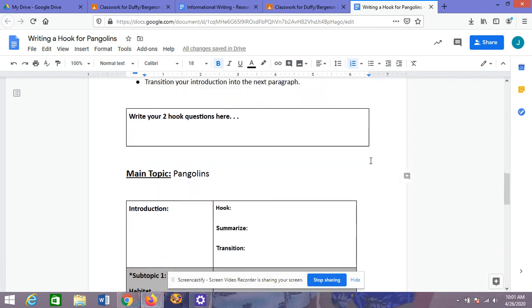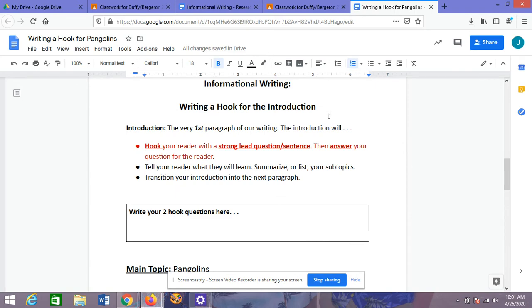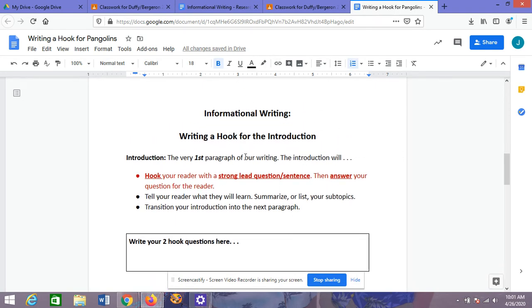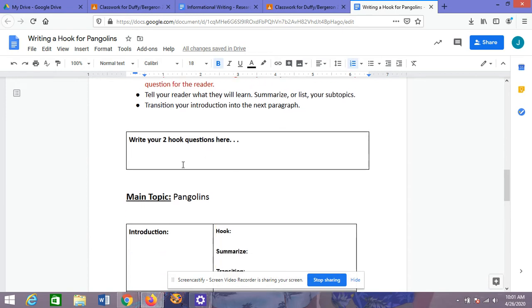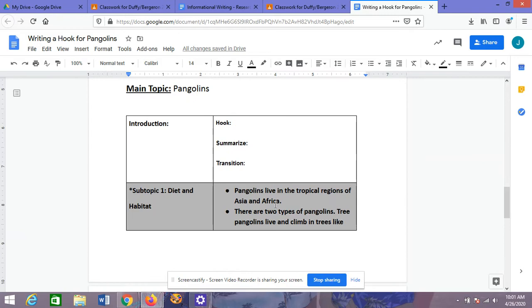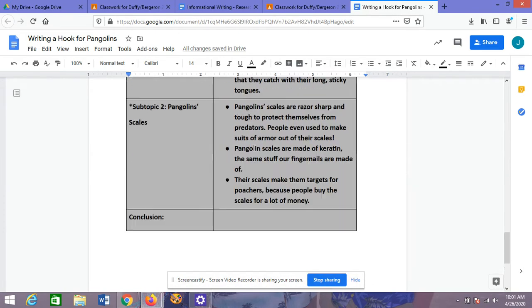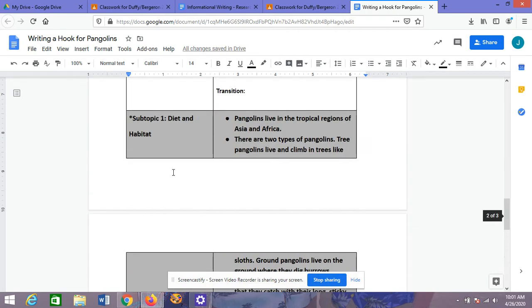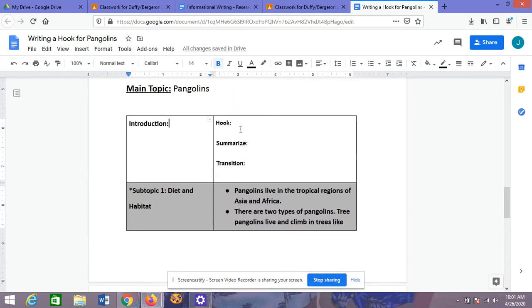So when we go down here, this is going to look a little different. We still have this little informative thing that I'm going to leave on there, and I'll read that in a second. This box is where you're going to write your hook questions. And then again, we have the graphic organizer. You can see now the subtopics are gray and the introduction's white, so we're going to be writing in the introduction now.